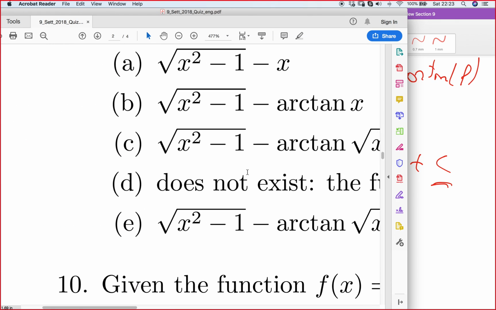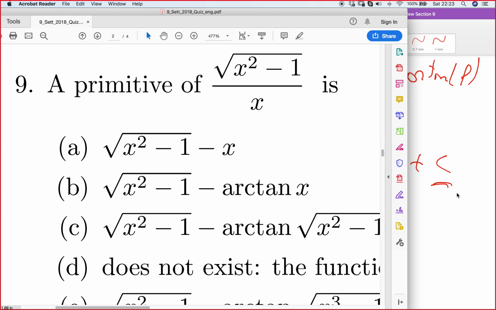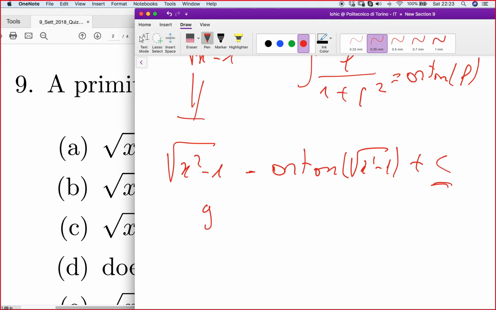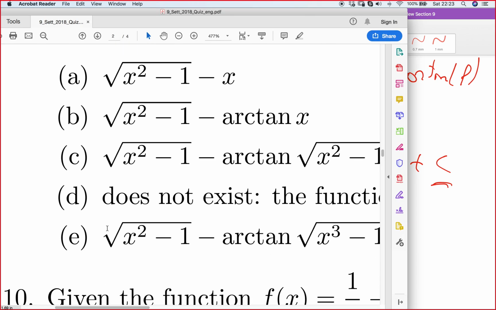Okay, it is c, so the answer is 9c. Doubts? Okay.